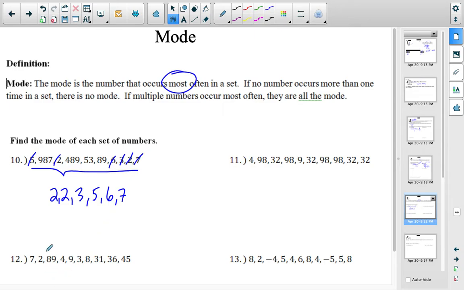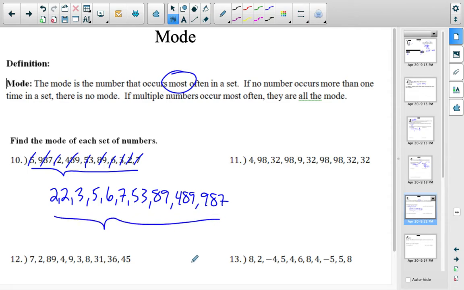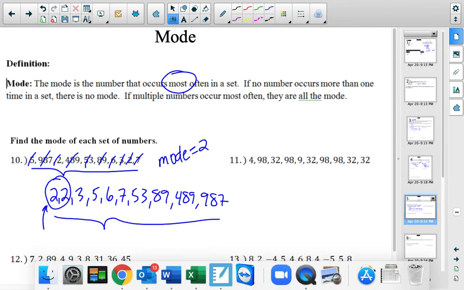We get to some bigger numbers: 53, 89, 489, and 987. You can already start to see, if we're thinking about central tendency, this is a huge range from 2 all the way up to 987, but the number that shows up the most is 2. It shows up twice. So the mode is 2. And again, at a minimum, it actually includes values that are in the set.